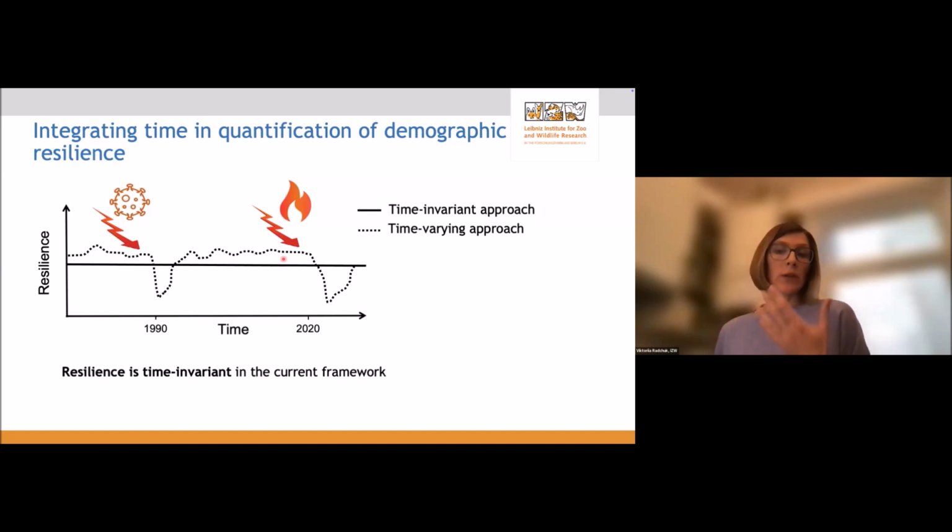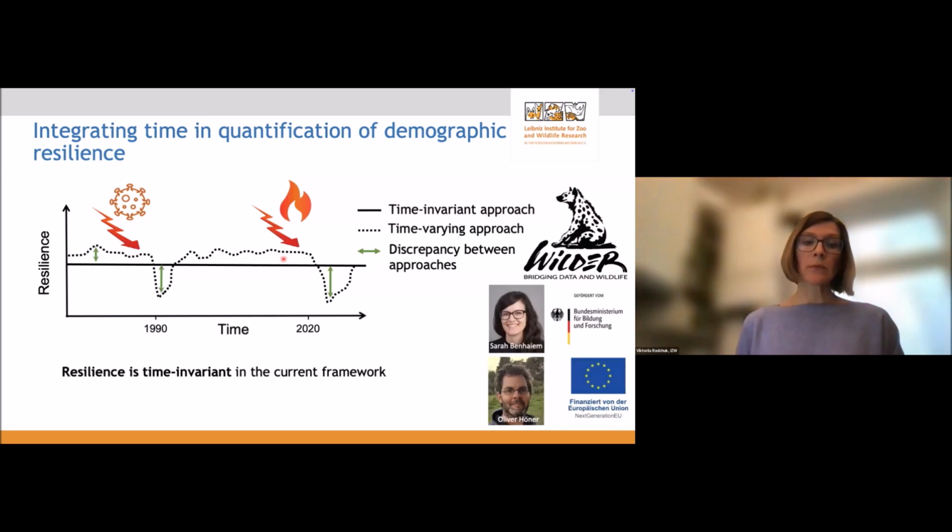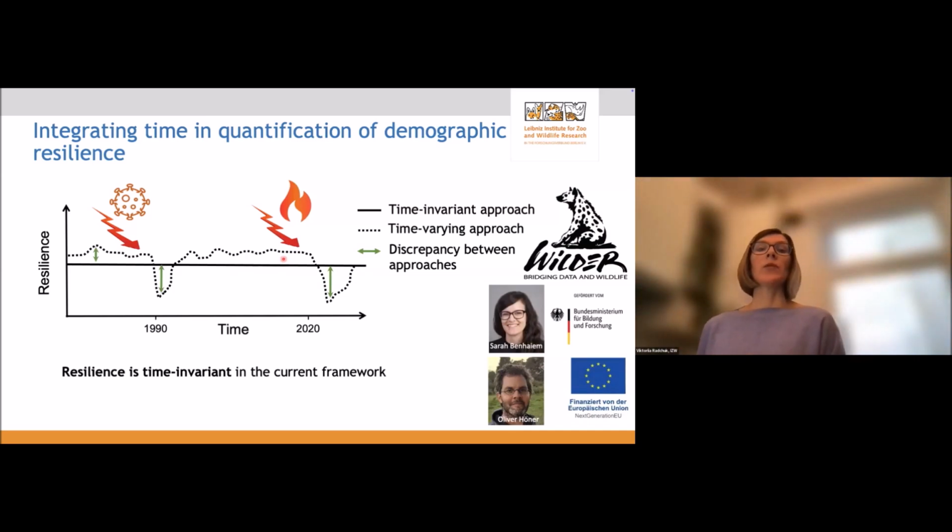And then the time points, years for example, with very low resilience would point out, hopefully, the likely disturbances that affected the population.